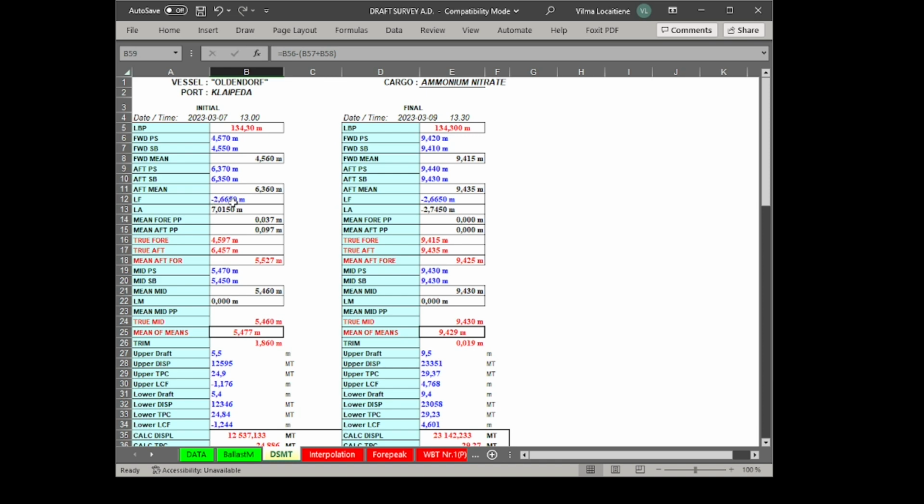That is why this figure is with minus. And there is the aft draft correction, because the distance between the aft real draft mark and the aft perpendicular is 7 meters, but because the draft mark is forward of the aft perpendicular, that is why this figure is positive.